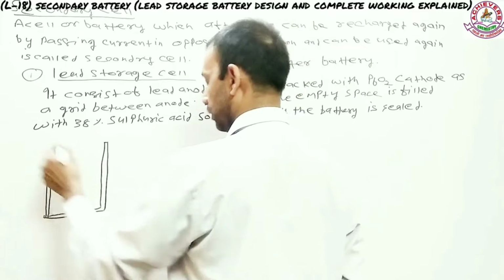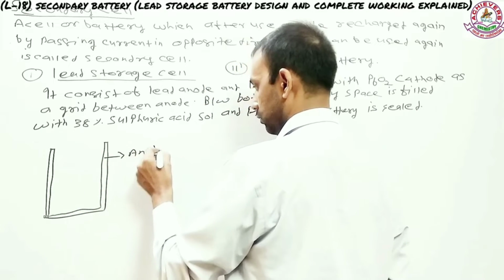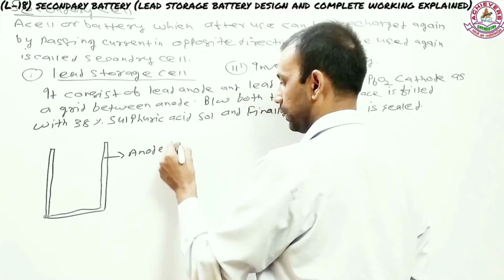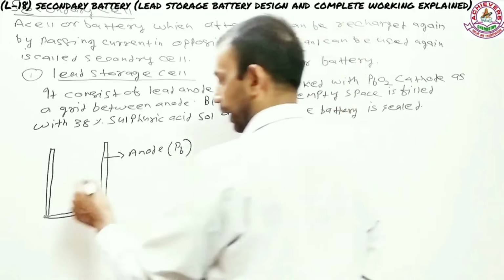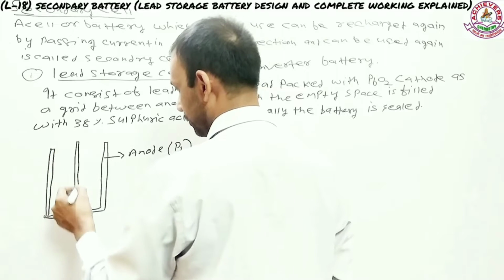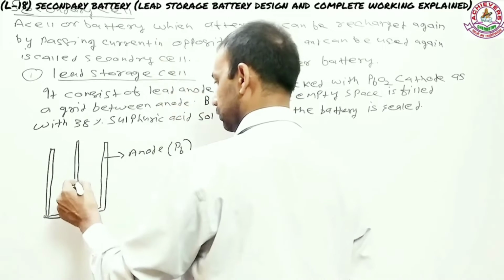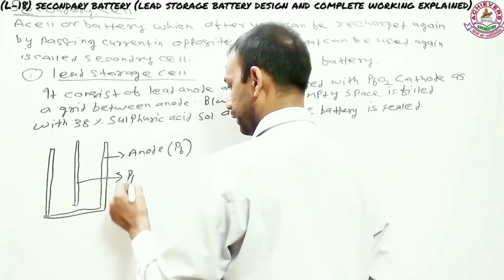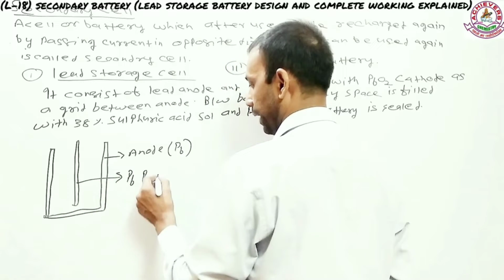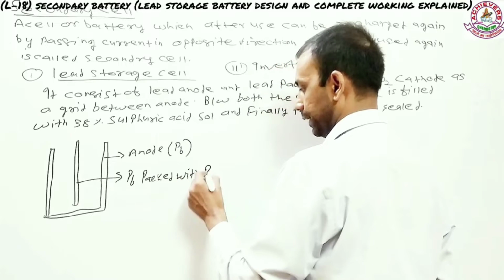This is your anode, and it is made up of lead, and there you have a grid of lead packed with lead oxide.